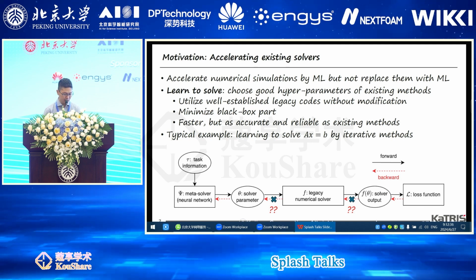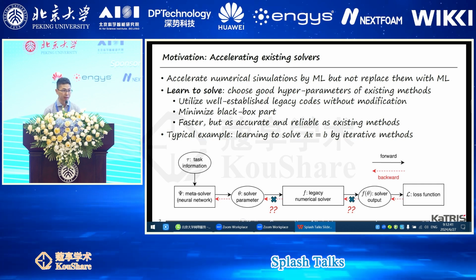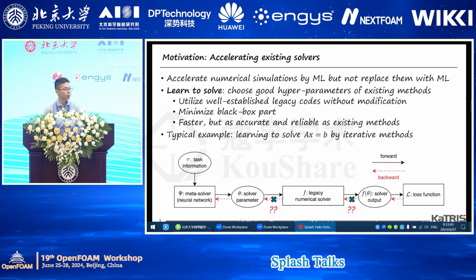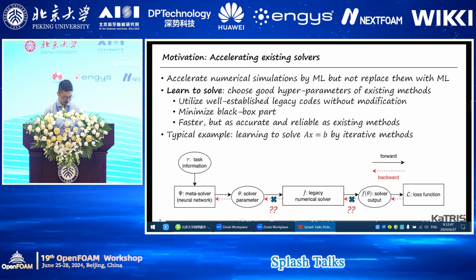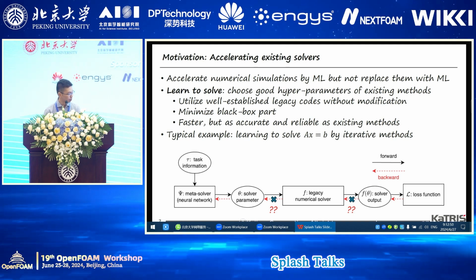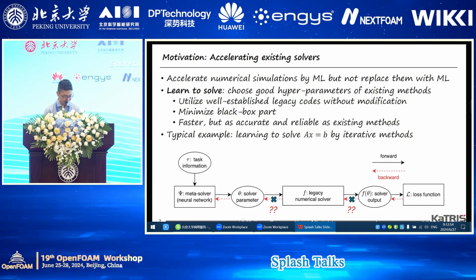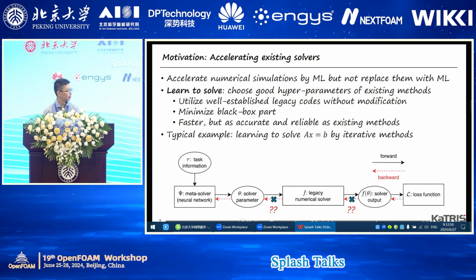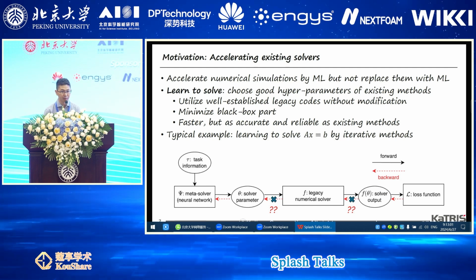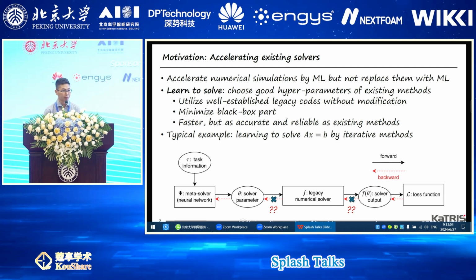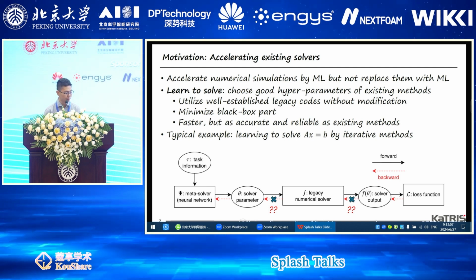If we can choose good hyperparameters, the simulation gets faster, but keeps the same accuracy and reliability because the solution is computed by legacy codes, not by machine learning. Let's think about a typical example, learning how to solve linear systems by iterative methods. Here is a high-level architecture. The task information, in this example A and b, is fed into the neural network called the meta-solver, and the meta-solver generates solver parameters.